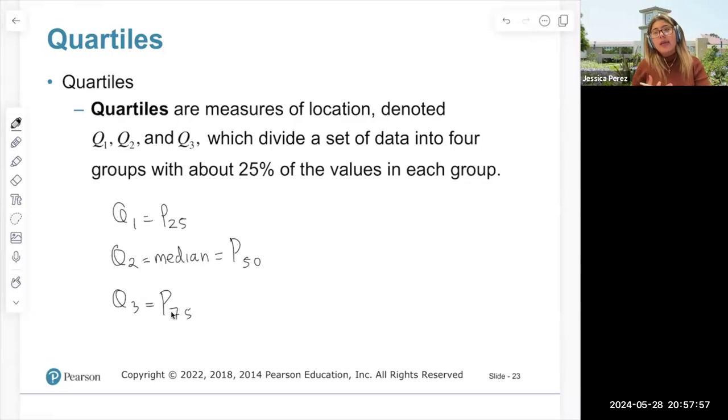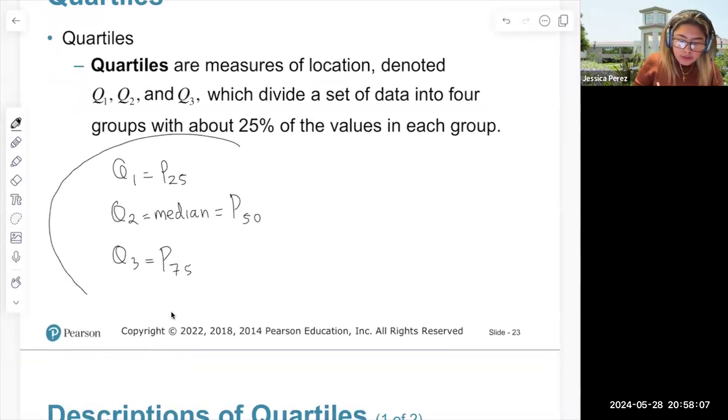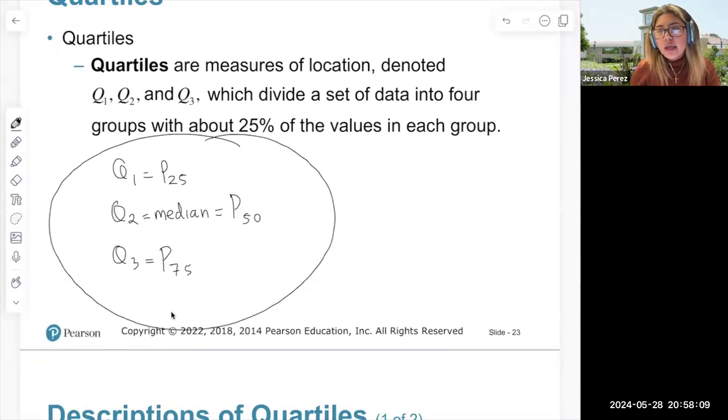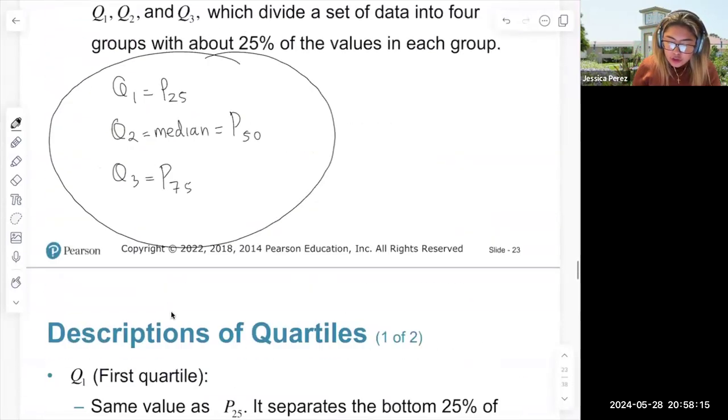Because we did percentiles, you should be able to find the 25th, the 50th, and the 75th percentiles. I would recommend doing this, but we have 2 more minutes and I don't want to rush.